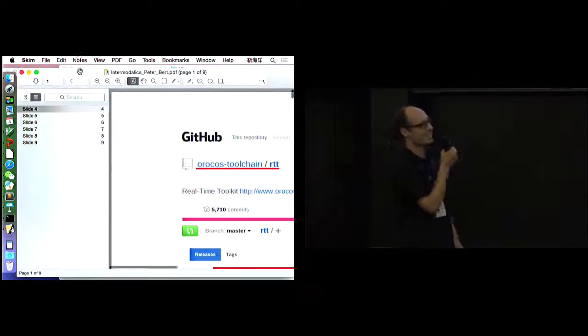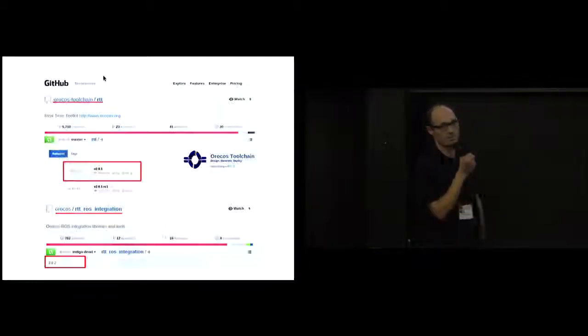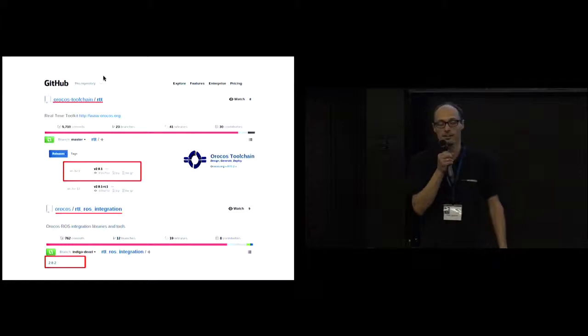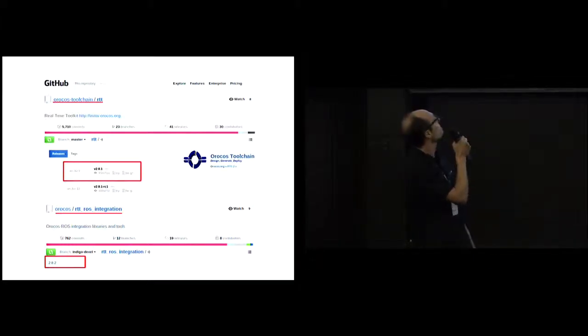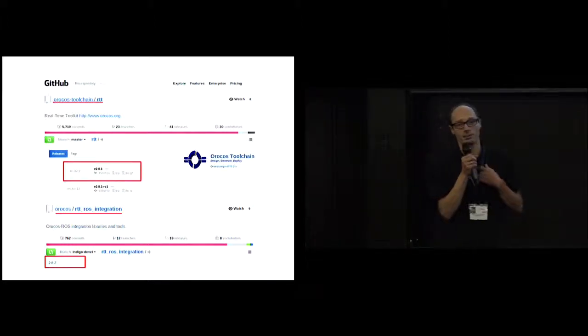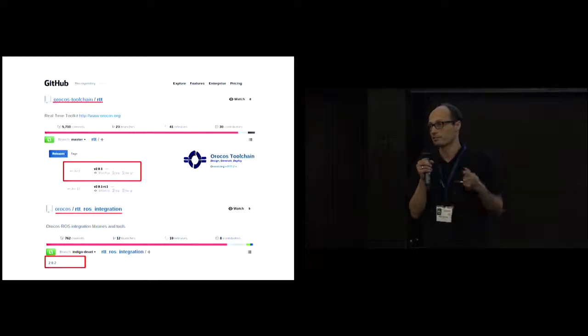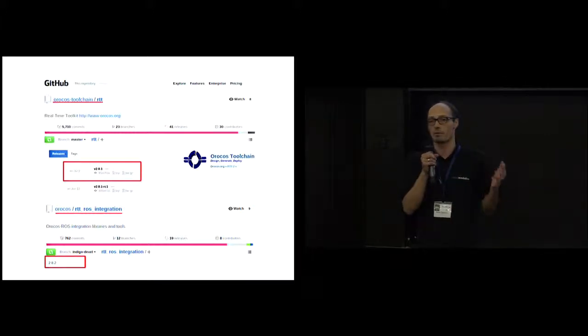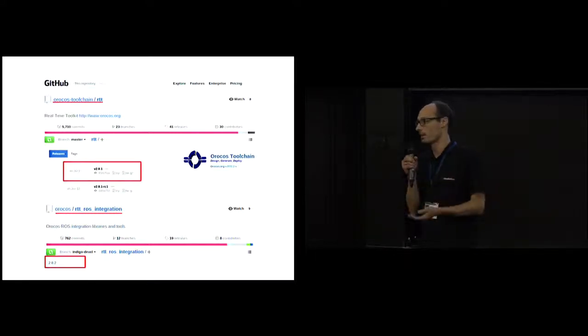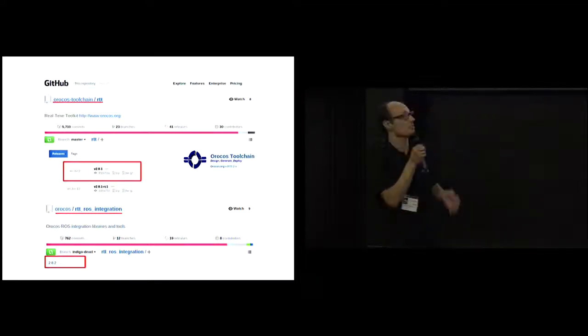Okay, so the first thing is about Orocos and ROS integration. It's been mentioned in a lot of presentations. I created Orocos during my PhD and maintained it for 10 years, and around 2012 the releases started being made by the team at Intermodalics, and we're still releasing it.